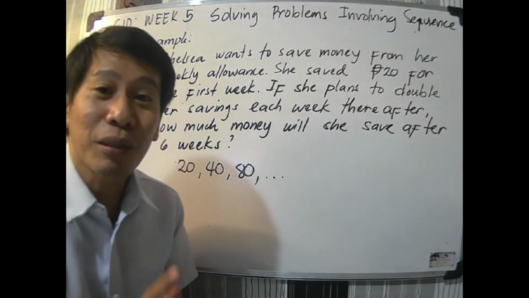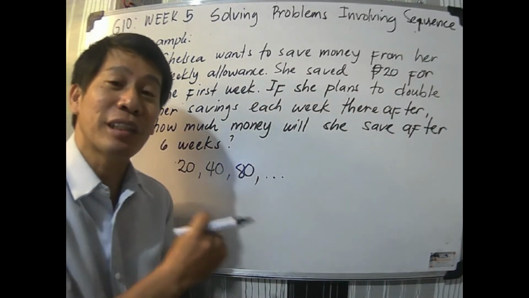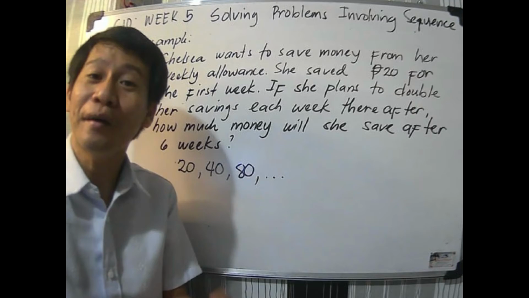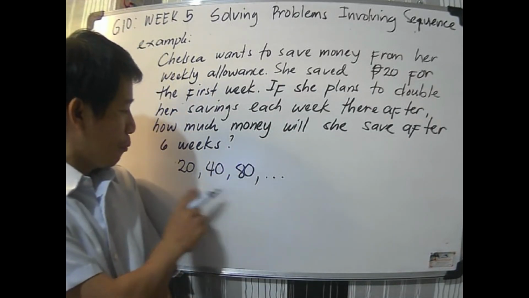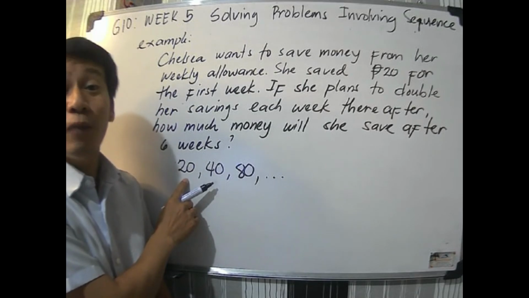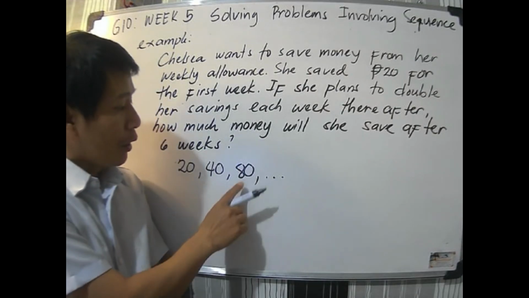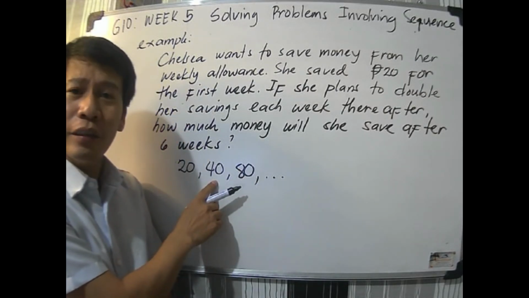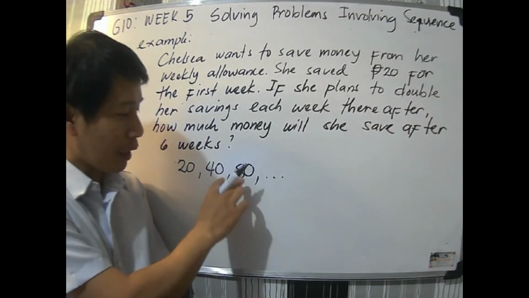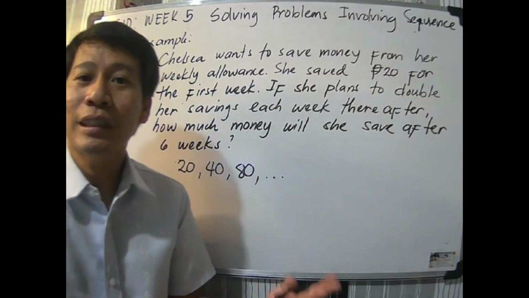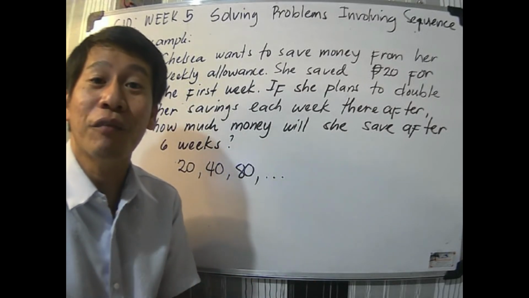Is it an arithmetic sequence, just like in our first example? Is there a common difference? Let us see. 40 minus 20, the answer is 20, right? 80 minus 40, the answer is 40. So, the first difference is 20 and the second one is 40. So, it's not constant. So, there is no common difference.